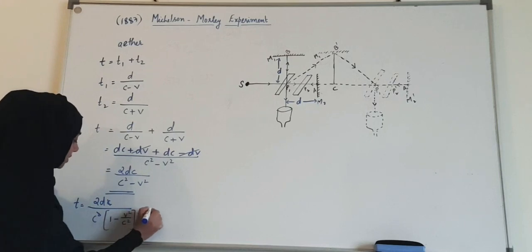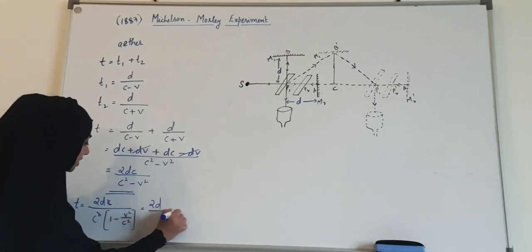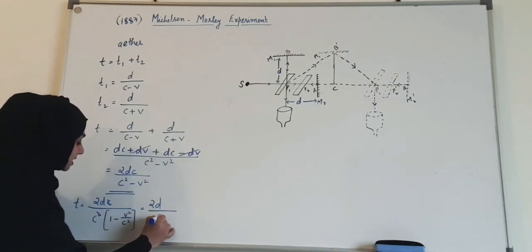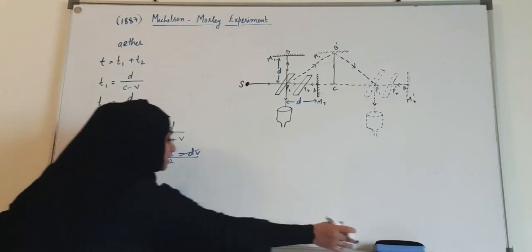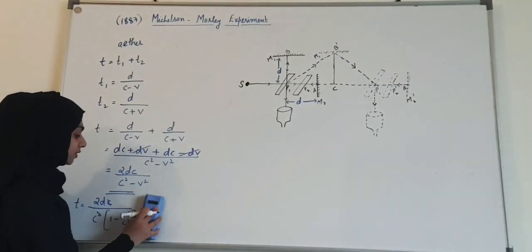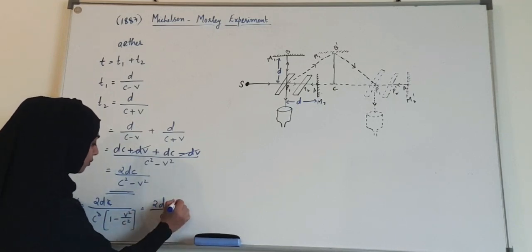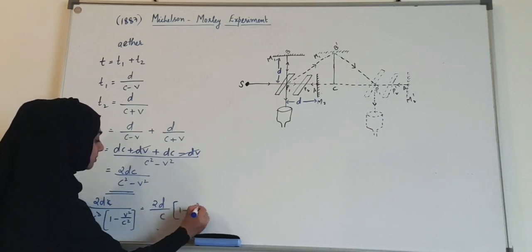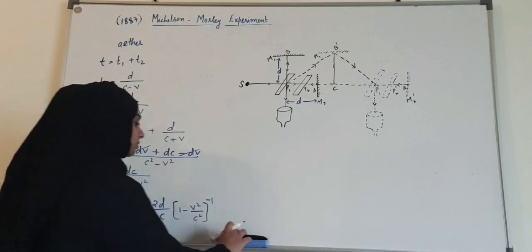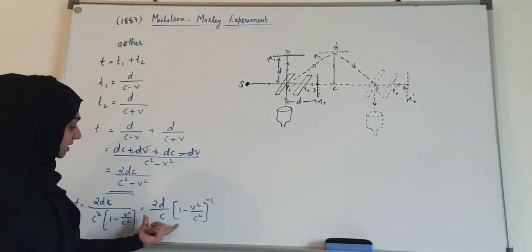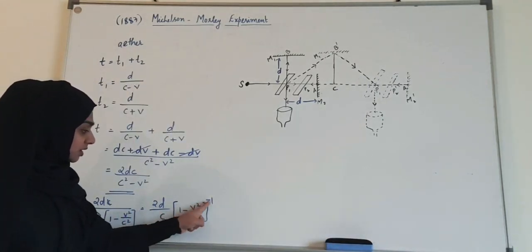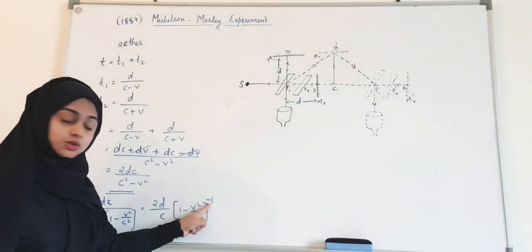So this is equal to 2d divided by c times, okay, let me take this to the numerator. So it will be 2d divided by c times 1 minus v square by c square whole raised to minus 1. Now let me apply binomial theorem at this stage to take the power raised to minus 1.